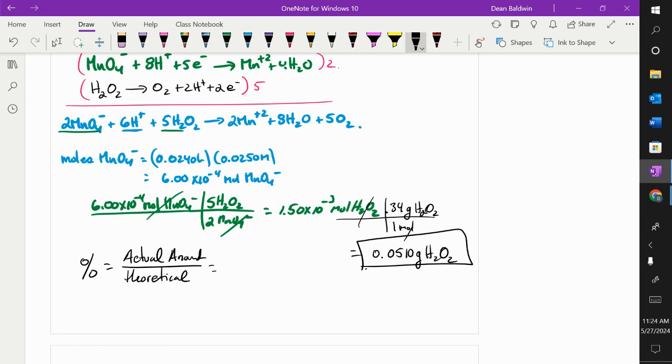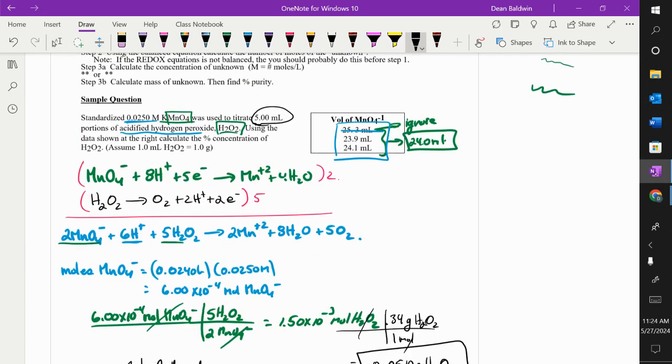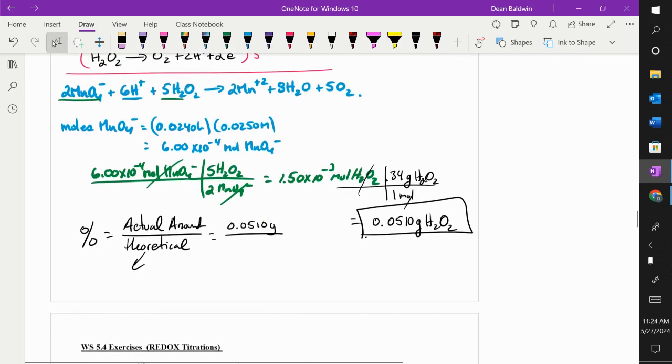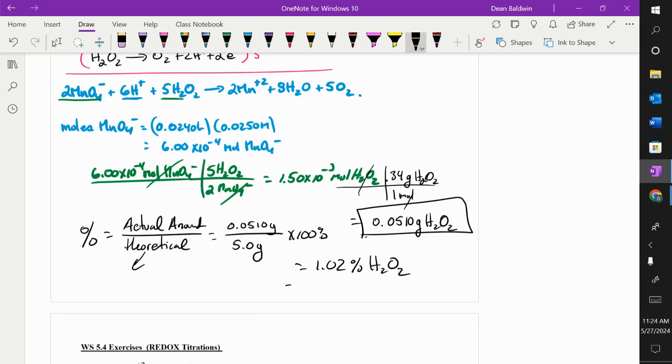So the actual, what we measured, is 0.0510 grams. Theoretical is going to be, well, we're assuming every mil has 1 gram, and we did 5 mils. So that's going to be 5.0 grams multiplied by 100%, and you're going to get 1.02% H2O2. Okay.